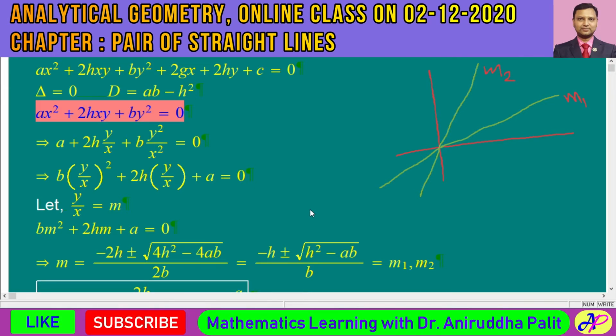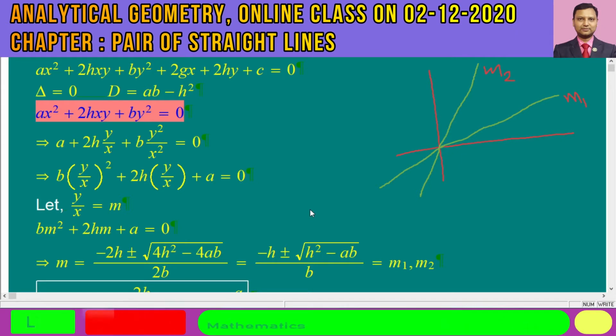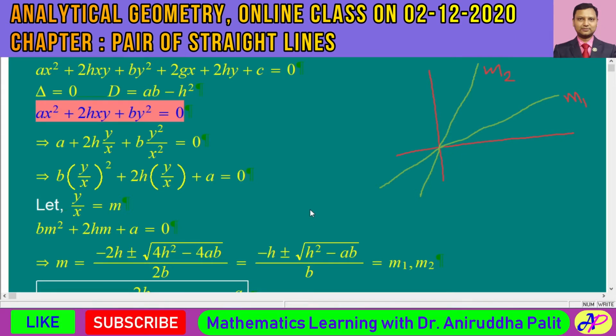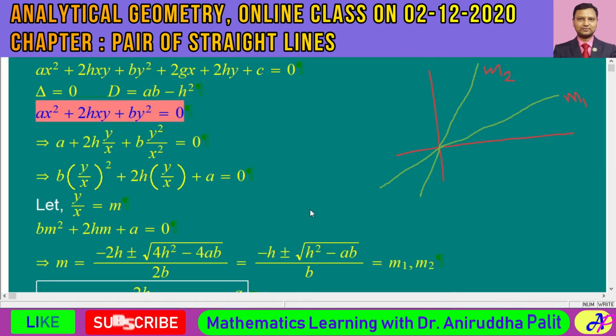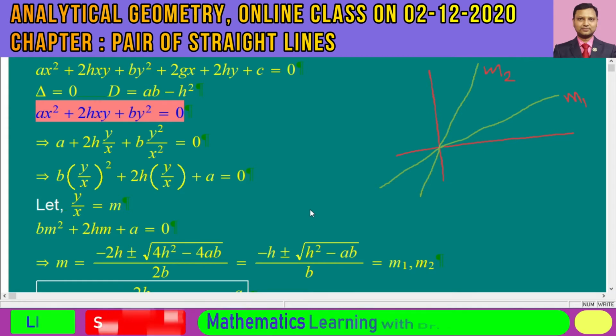Yes, sir. Now one question arises. If suppose m1 becomes equal to m2, or suppose m1 and m2 are complex conjugate numbers, then what happens?